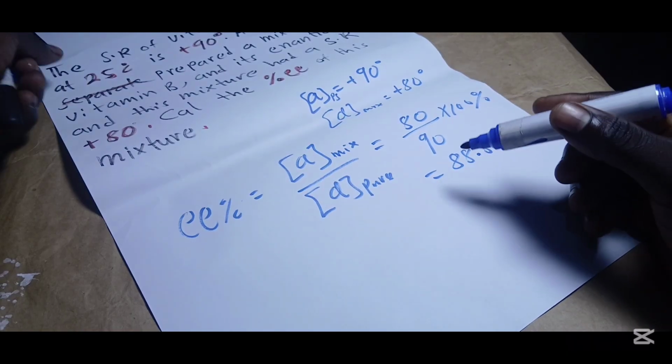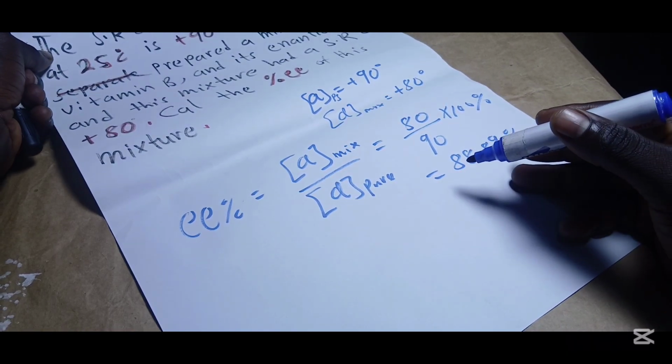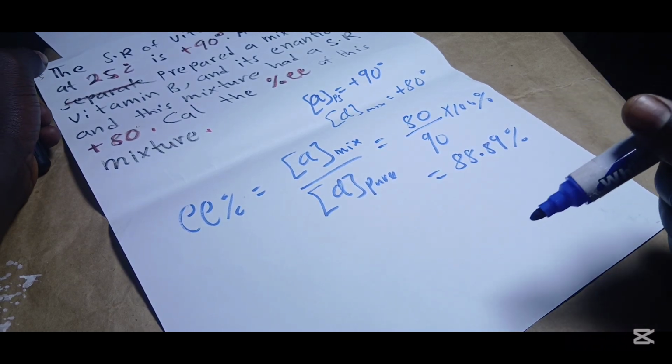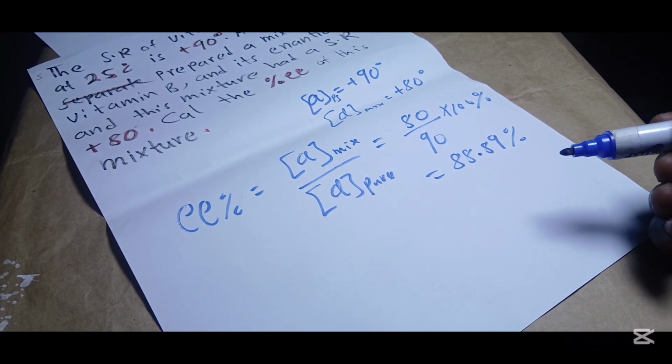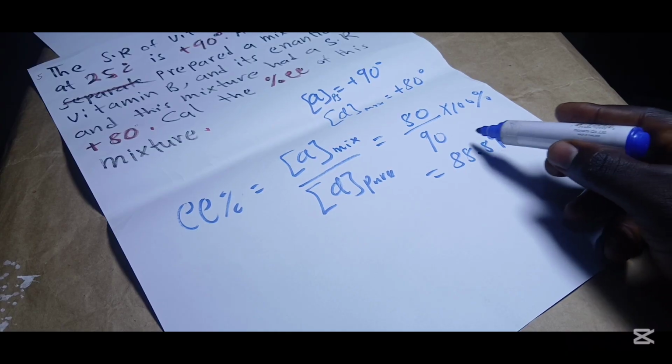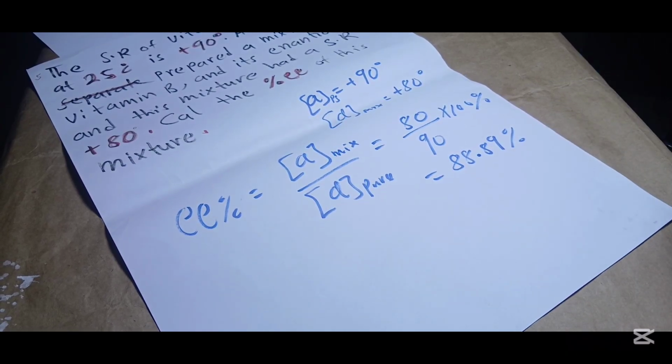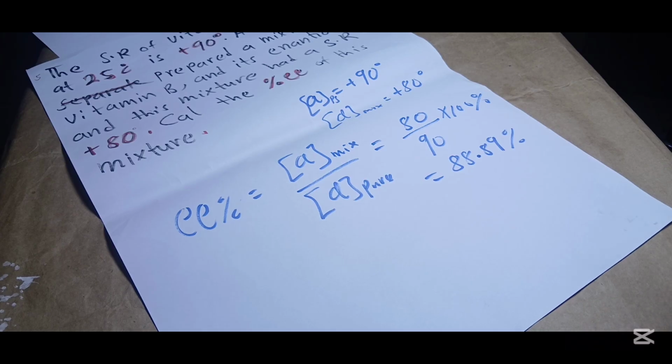So the chemist is interested in separating vitamin B, but in the solution we have the other enantiomer of vitamin B. That is why we are not getting 100%. If the solution were purely vitamin B without its enantiomer, the enantiomeric excess should give us 100%.